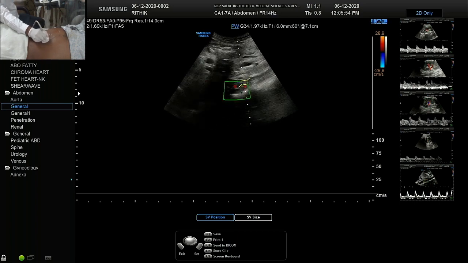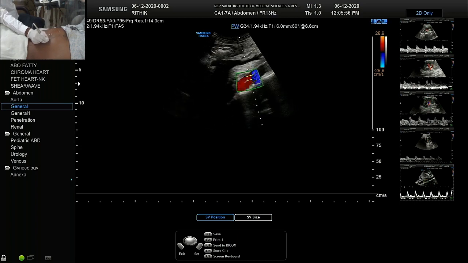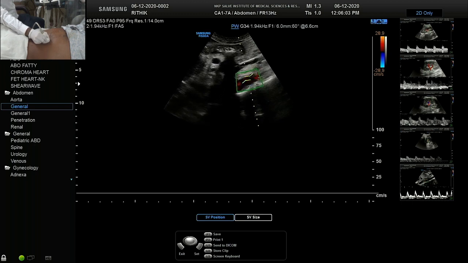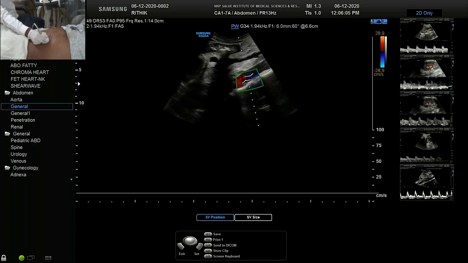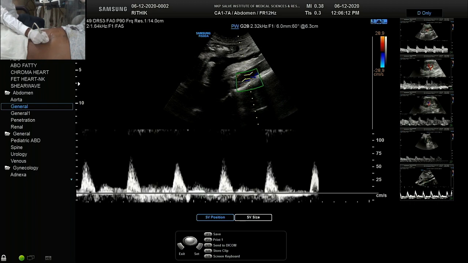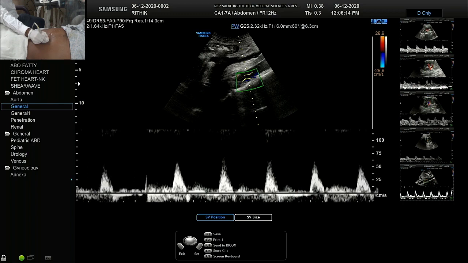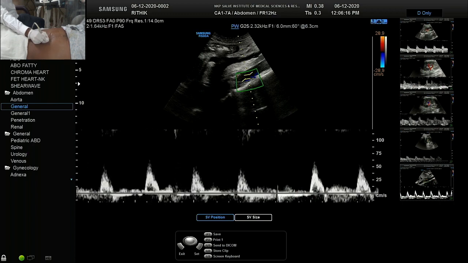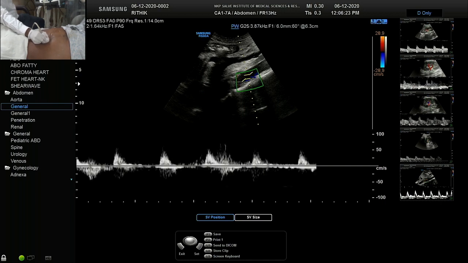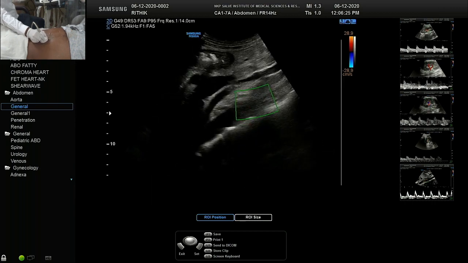We'll see this in the infrarenal segment. On color itself you can make out that the flow is biphasic, a little bit of red and blue flow is seen. Let us confirm it by spectral Doppler.